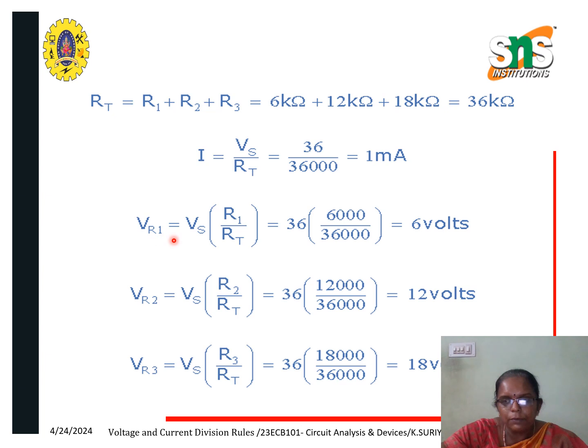So VR1 is equal to total voltage 36 into R1 value 6K divided by the sum of the resistances, 36K. You get 6 volts. Similarly, you can calculate VR2 and VR3, which are 12 volts and 18 volts respectively. VR3 means total voltage into corresponding resistance R3 divided by total resistance.